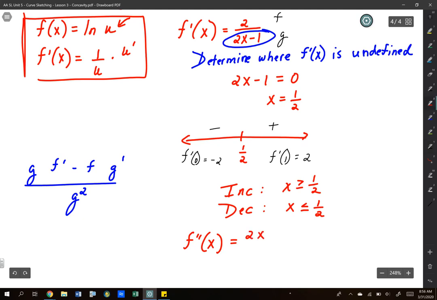So g f prime, now the derivative of a constant, the derivative of 2 is just 0, minus f, and the derivative of the denominator, the derivative of g is 2, all over g squared.